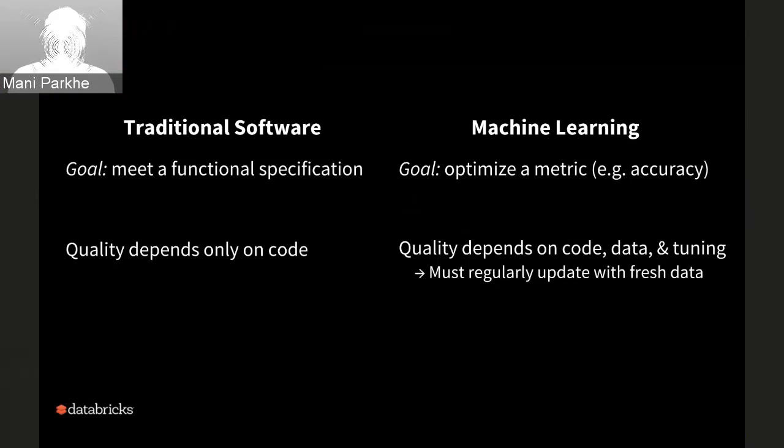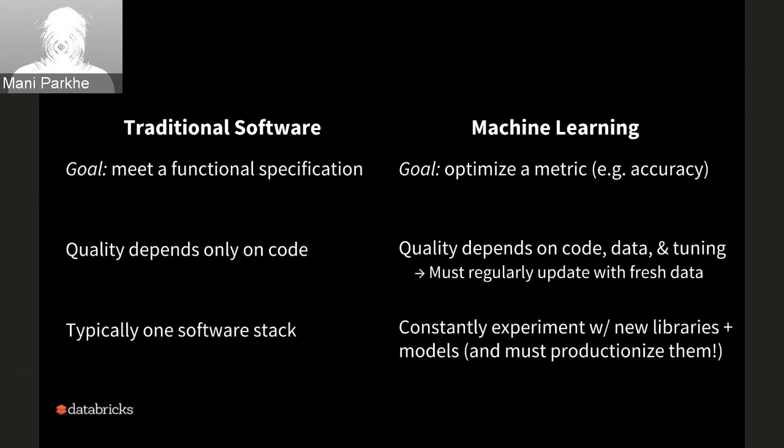When we go to machine learning, there's not only all the code and the system, but also the data that we use for training the models, how well the model is tuned, and how we regularly continue to update with fresh data, and may have to tune the models, use different algorithms, and so on and so forth. So the quality is a shifting goal and a moving target, just like the goal that we talked about.